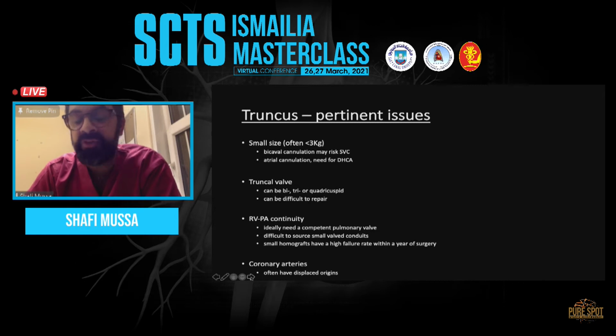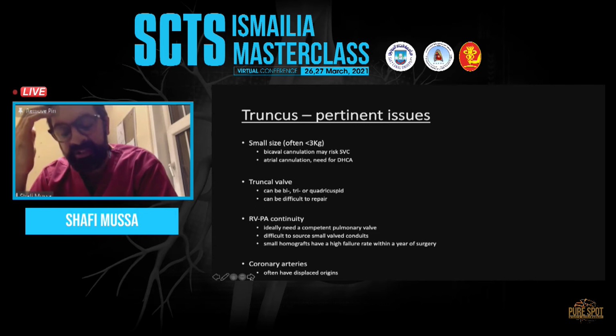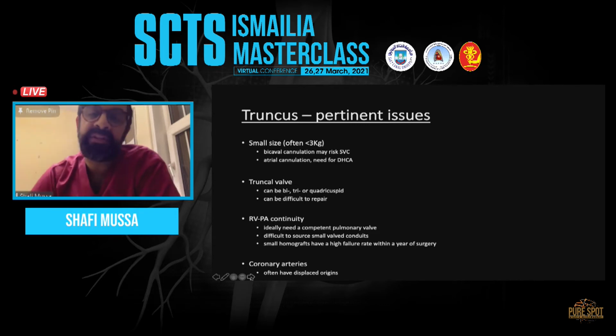And if you do have the facility to get homografts, small homografts, so those which are a diameter of around 6 to 8 millimeters, have a very high failure rate. So there is no perfect solution. And in fact, often we just have to make do with whatever we can to achieve RV to PA continuity.